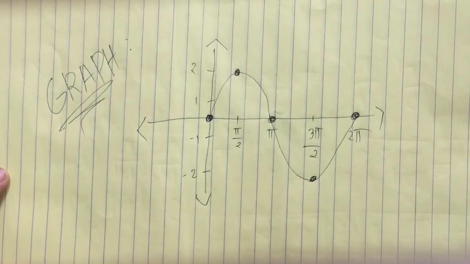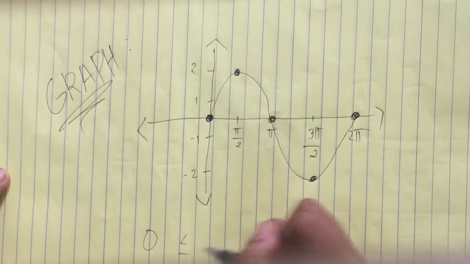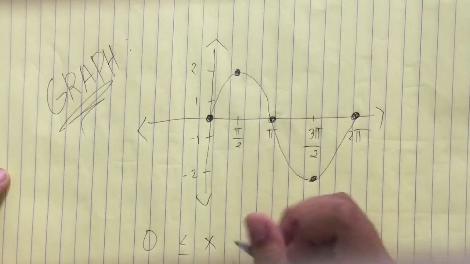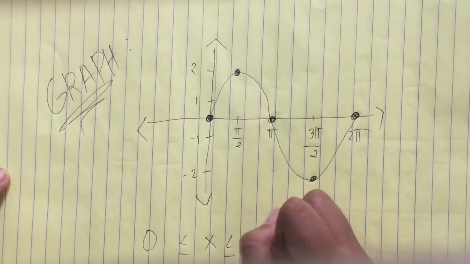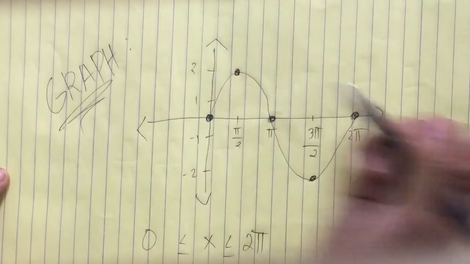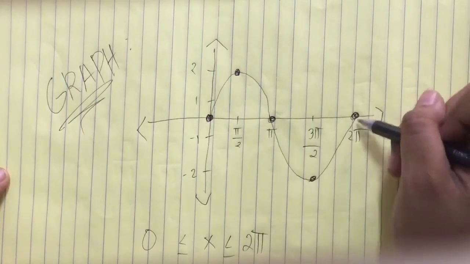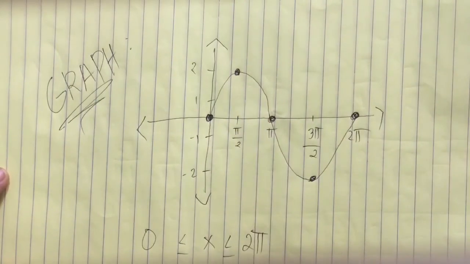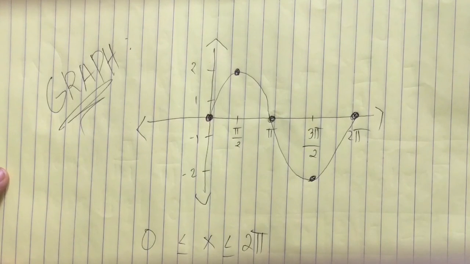Since our problem has a restriction which says that x should be greater than or equal to 0 and less than or equal to 2 pi, the end points of the graph should only stay here and it should not extend anymore. And that is how we graph sine functions.